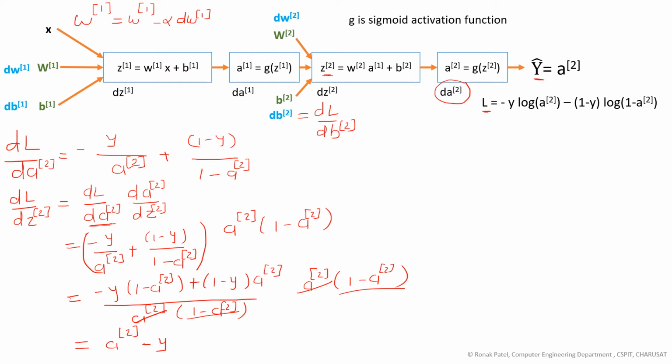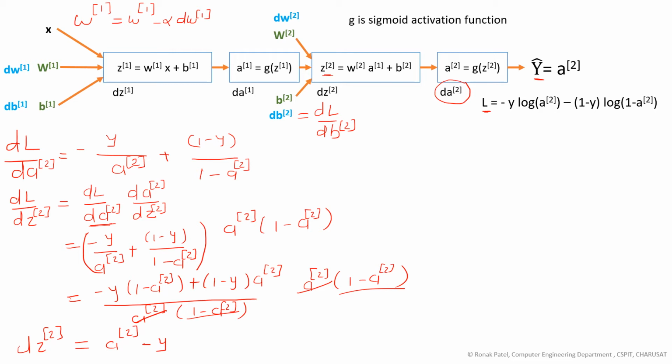So your dL upon dz2, or you can write it as dz2, is a2 minus y. If you know the value of a2, just subtract the original, and that is your dz2, right? Okay.